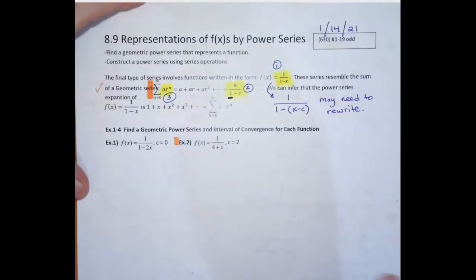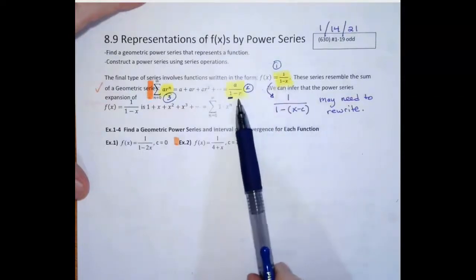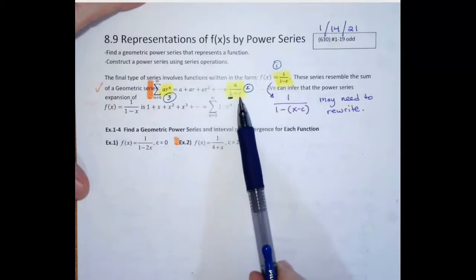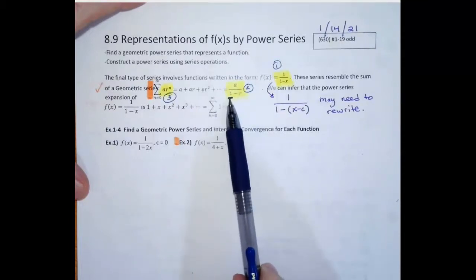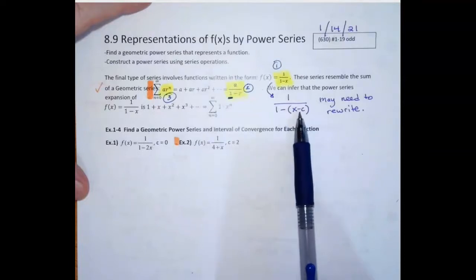Alright, so what we want to do here is take a function and rewrite it so that it matches this format. So we need to have a 1 right here, and when we have a 1 right here, we'll be able to figure out what A and R are. Now R might have to be adjusted by whatever C is.